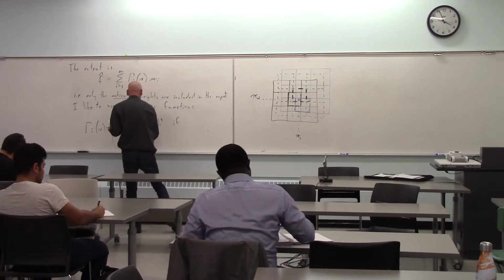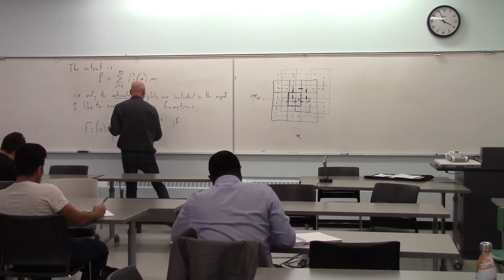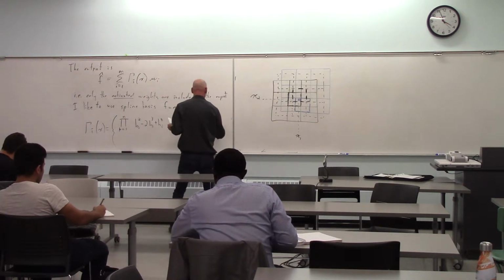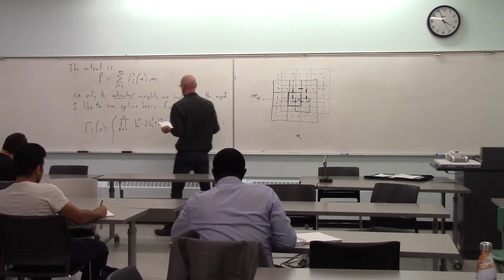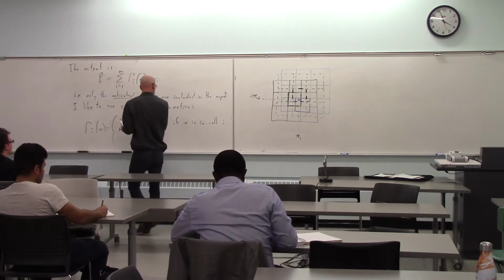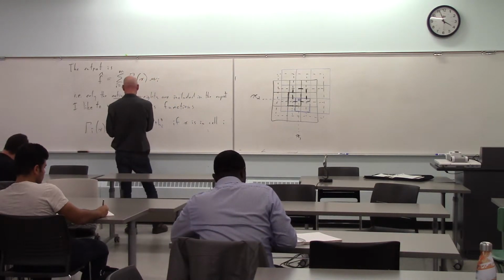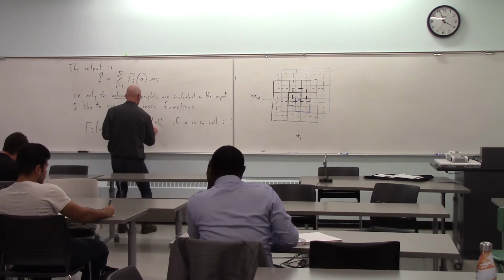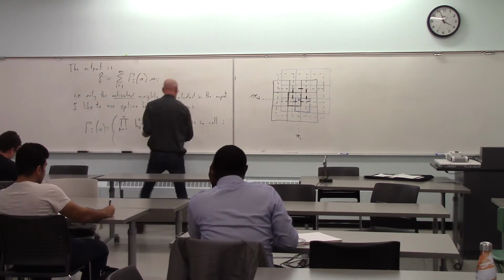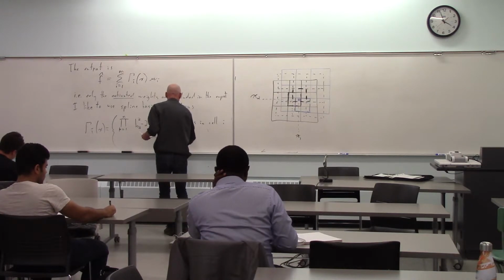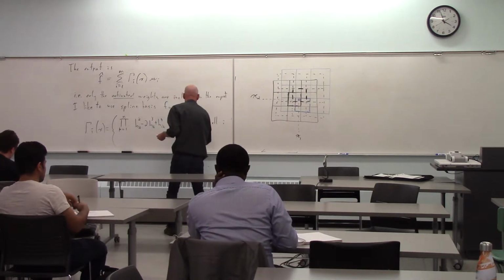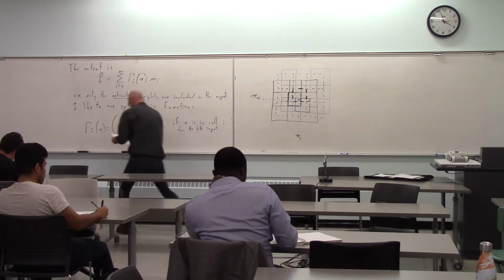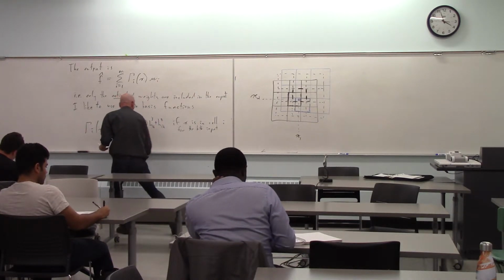I'll just call this h i here, it should be h i k, I guess, for the kth input, if x is in cell i, and 0 otherwise.